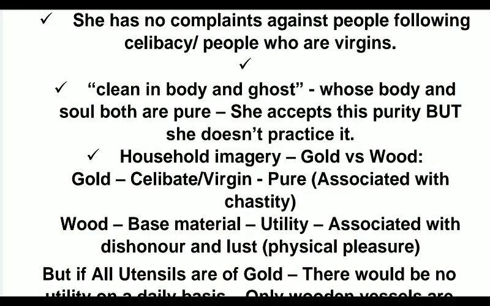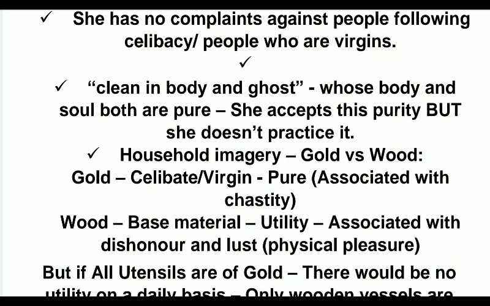Now, Wife of Bath says that I don't have a problem with people practicing celibacy, or people who want to remain virgins all through their lives. She accepts this purity. She accepts that the state of being celibate and virgin is pure existence, but she doesn't really want to practice it, and she cannot, because she has already had 5 husbands.